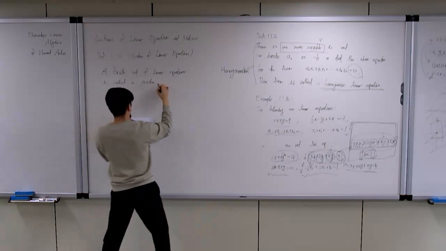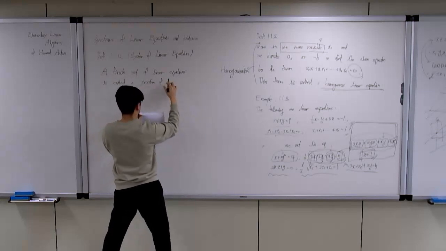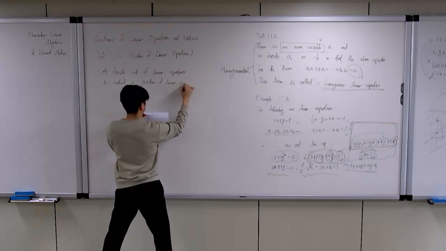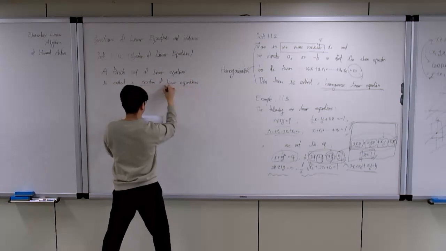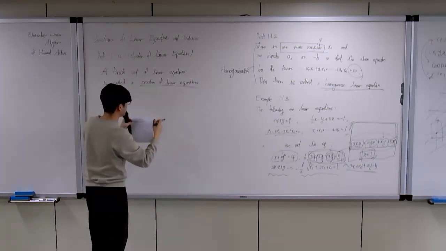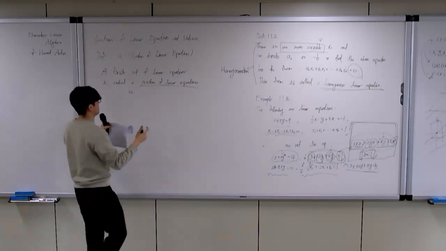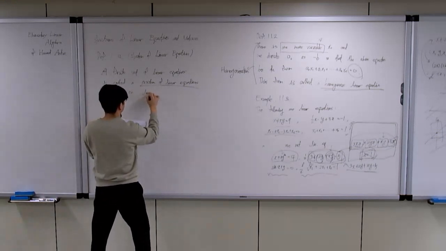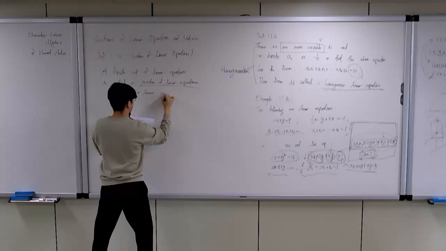A system of linear equations has a finite number of linear equations. Or sometimes, more briefly, we say it is a linear system, just linear system.